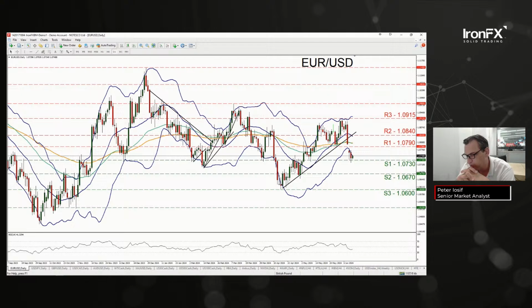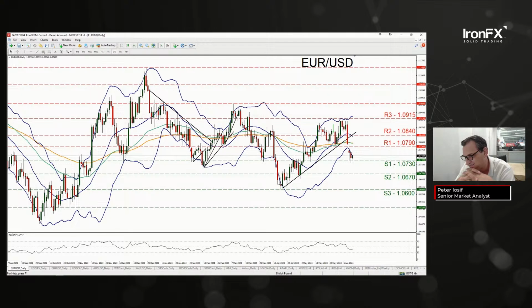And I would also be noting here that despite a slight correction higher, the RSI indicator remains clearly below the reading of 50, which highlights the possibility of a presence of a bearish predisposition among the pair's traders.